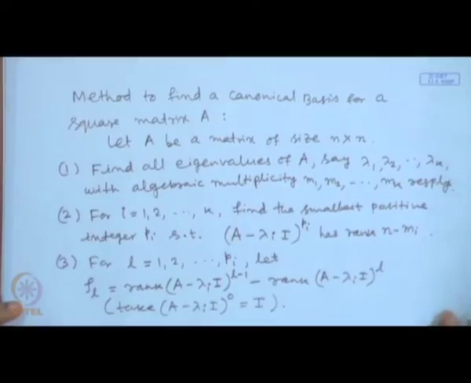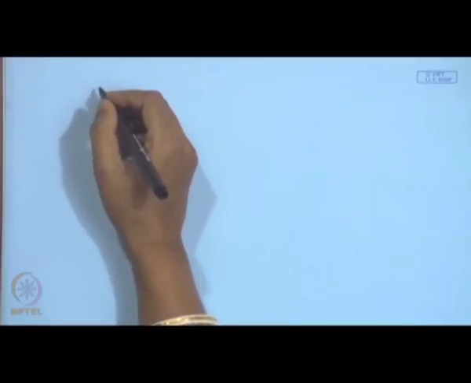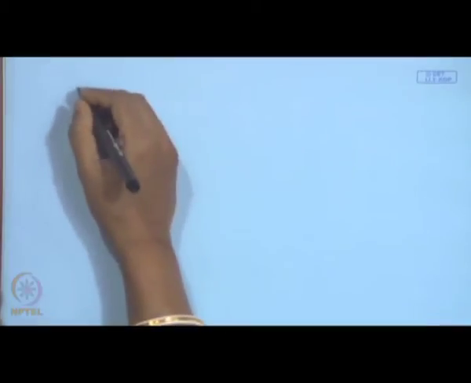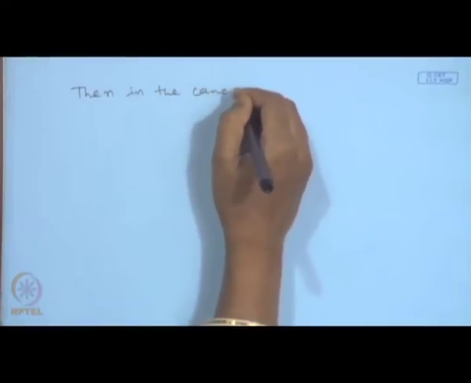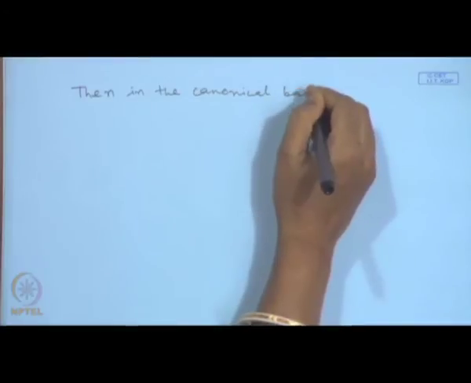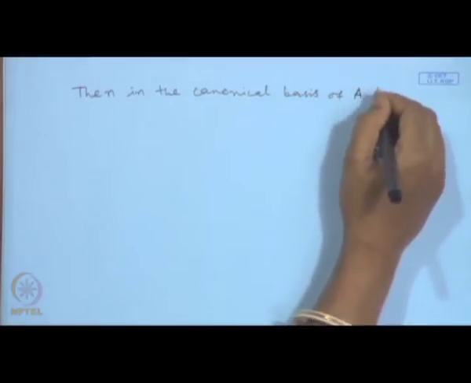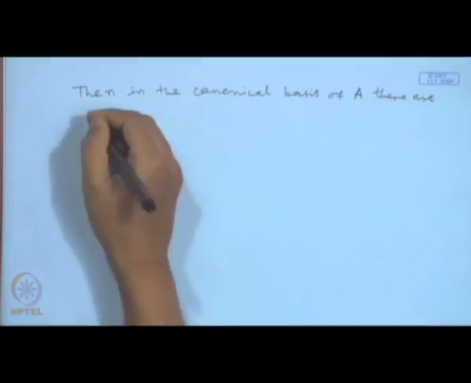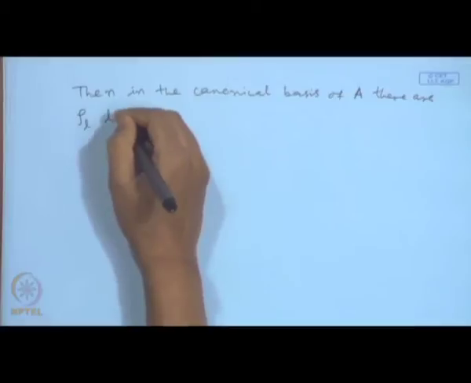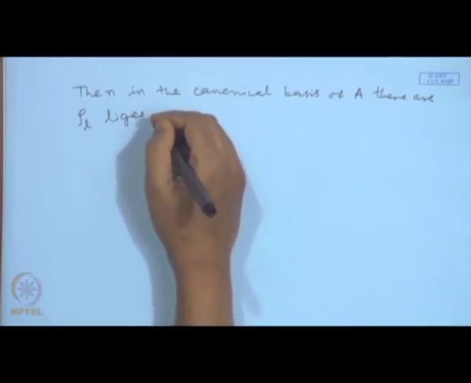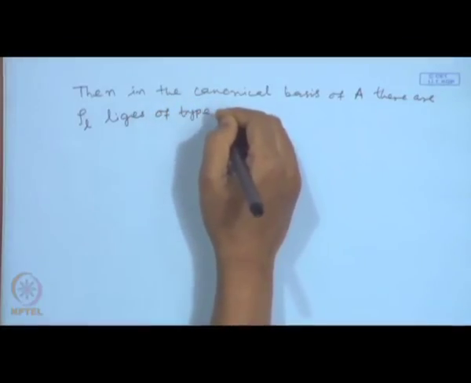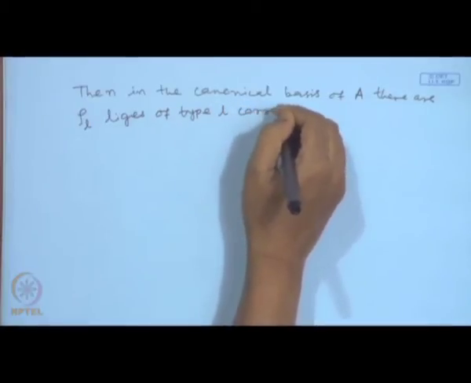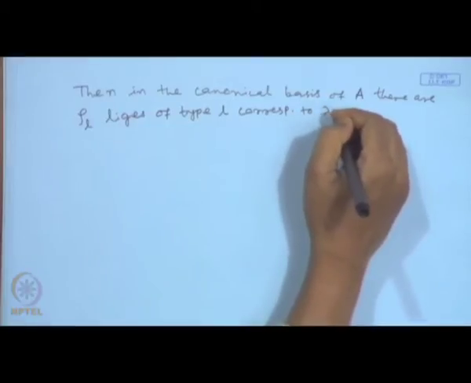Then for this matrix A, in the canonical basis of A, there are ρ_l LIGES, linearly independent generalized eigenvectors of type l corresponding to eigenvalue λ_i.